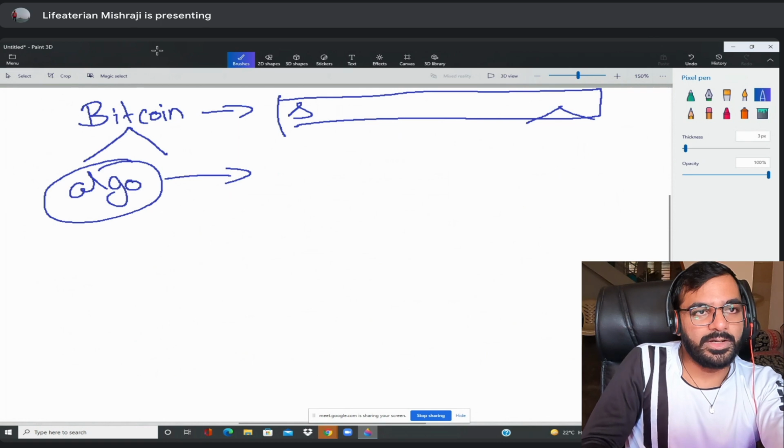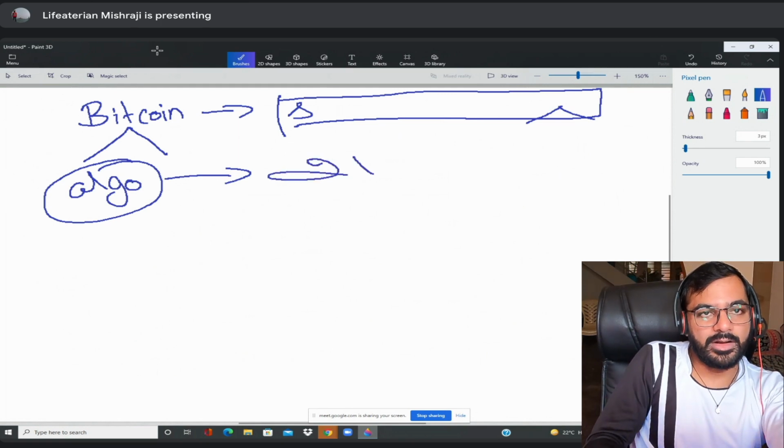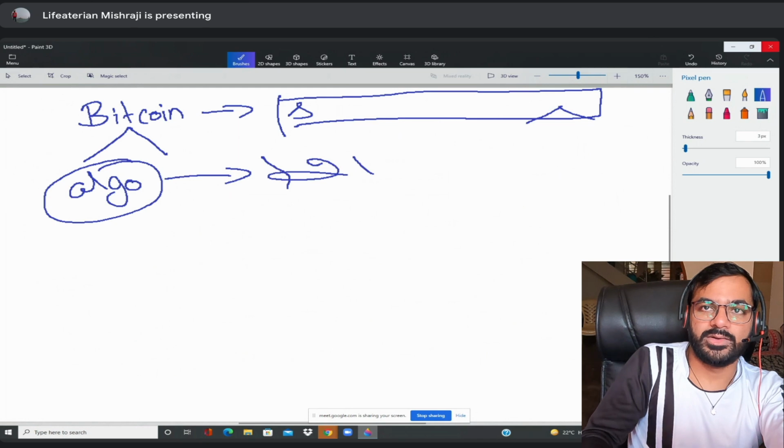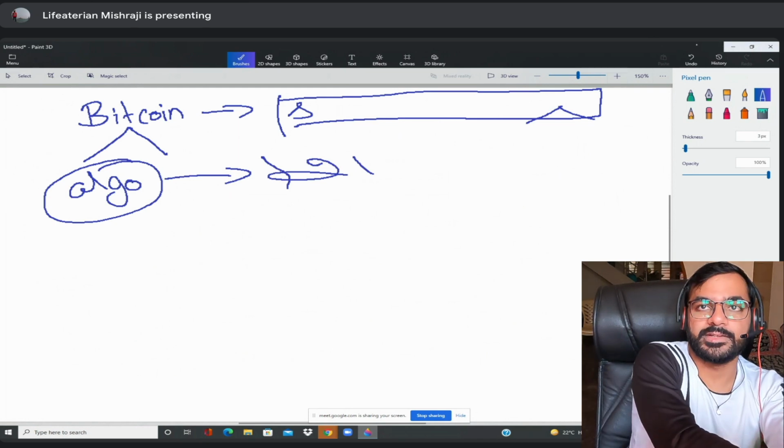So what he had done, he created an algorithm wherein he set a cap on the number of coins they can have.